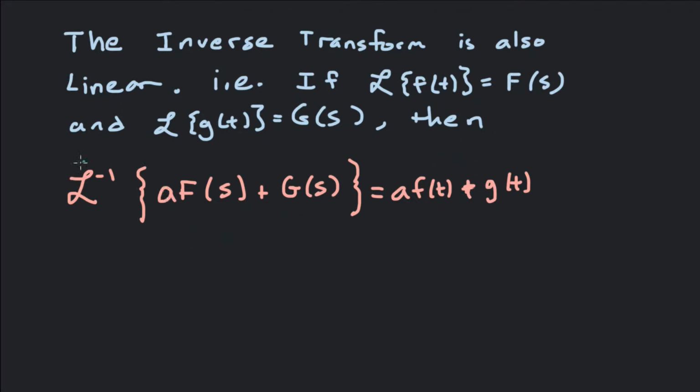Linearity means we can pull constants out of the inverse Laplace transform and we can break it up over additions and subtractions. So the inverse Laplace of a times F of s plus G of s becomes a times f of t plus g of t, where f of t is the inverse Laplace of capital F, and g of t is the inverse Laplace of G of s.